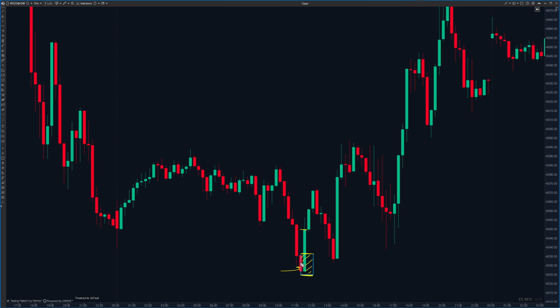So in this moment, it's still a latent order block, invisible with the indicator. It becomes visible when we have at least one candle entirely outside the range of the potential or latent order block. Otherwise it's still invalidated.